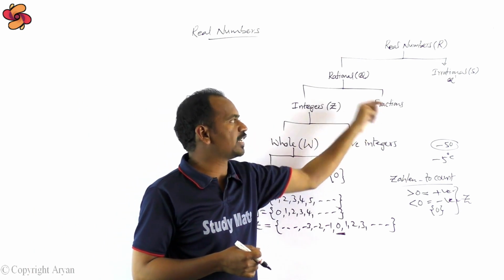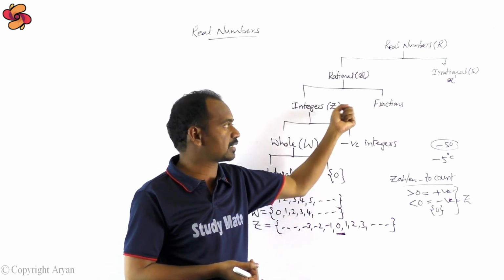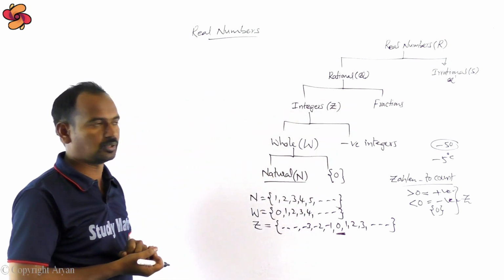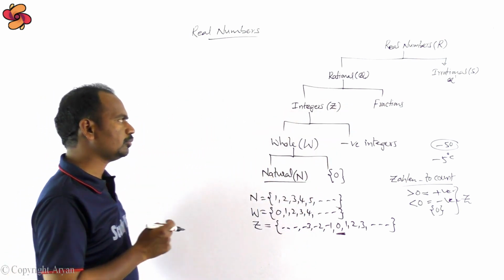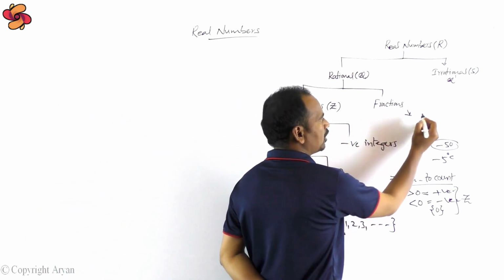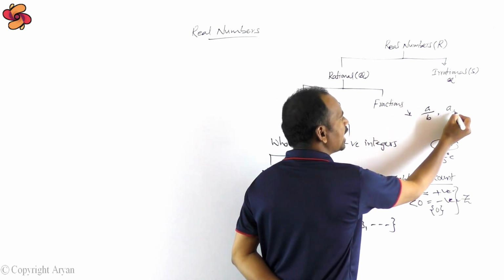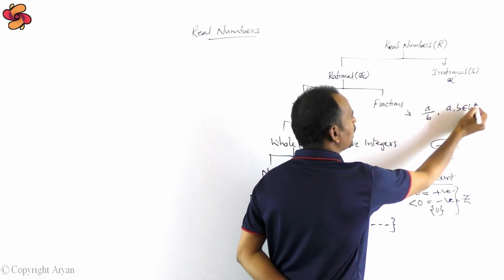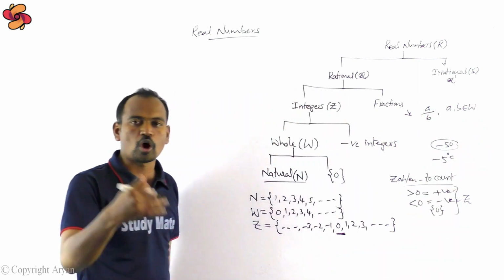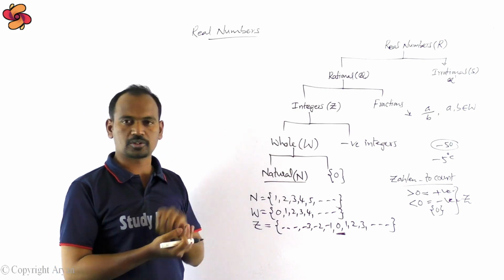Here fractions we have. So that is a very important thing we need to discuss now. Fractions. So in general, the numbers which are in the form of A by B, where A, B belong to W. And you know about W. W is nothing but the set of whole numbers.